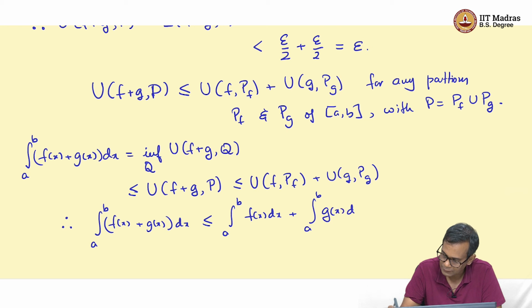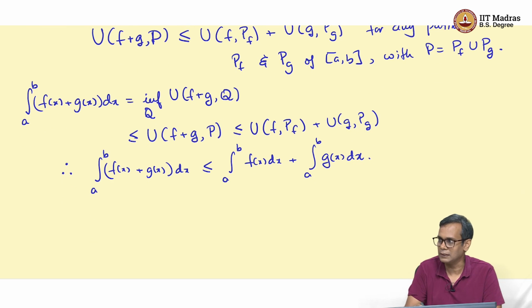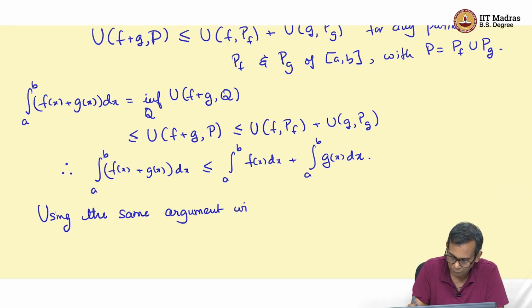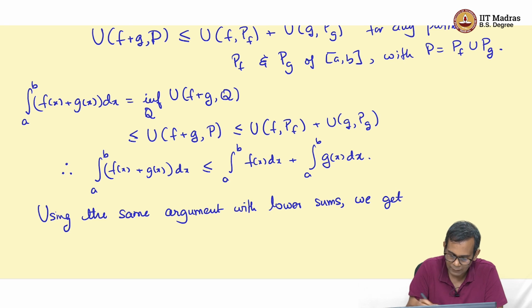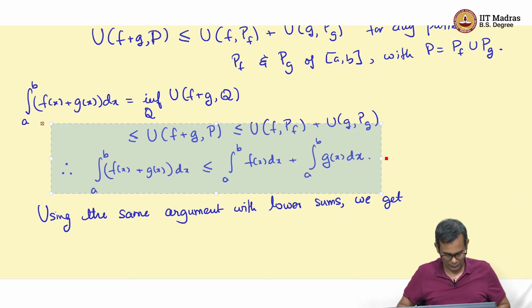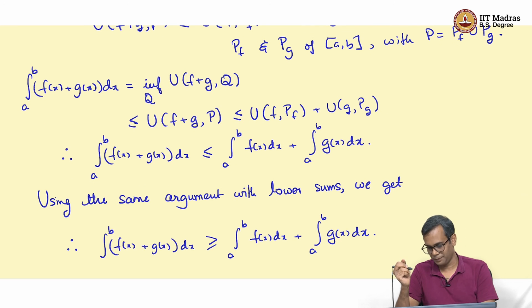of g of x dx. Using lower sums, you can reverse this inequality using the same reasoning. So, we get the same inequality with the direction reversed, and so it follows that equality holds.